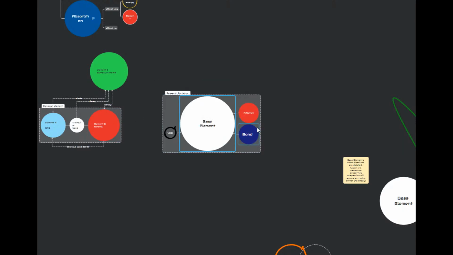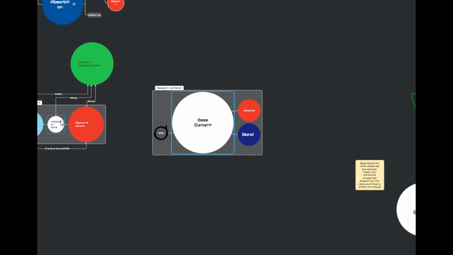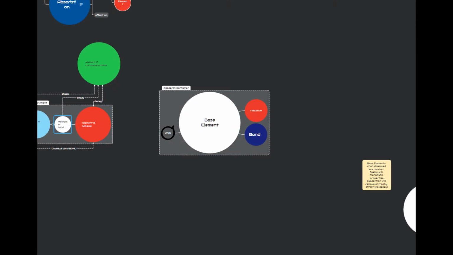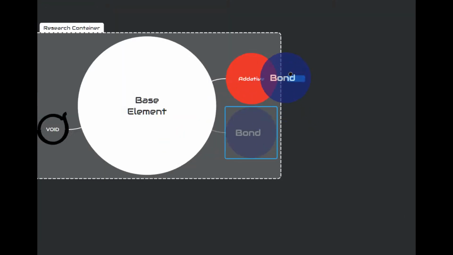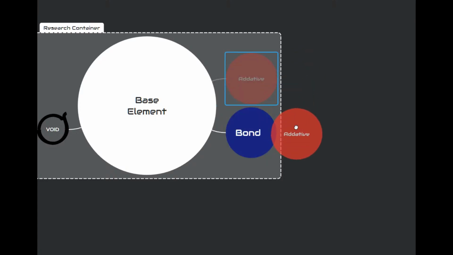Okay, so base element is a bond and an additive. So again, we're going to use the blue for that bond and additive. The bond, okay. And it should be like this, actually, shouldn't it? No, wait.